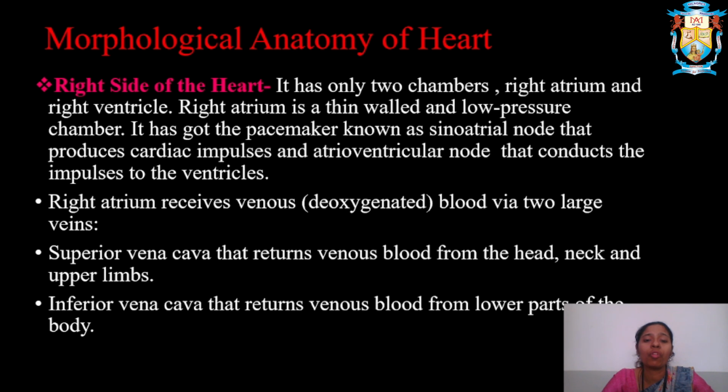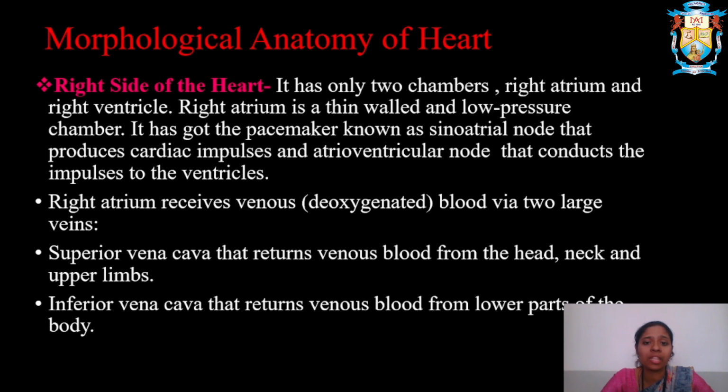Next we move on to the morphological anatomy of the heart. As I said, it has 4 chambers. We will see each section separately. First we will focus only on the right side of the heart. The right side has only 2 chambers, that is the right atrium and right ventricle. The right atrium is a thin walled and low pressure chamber.